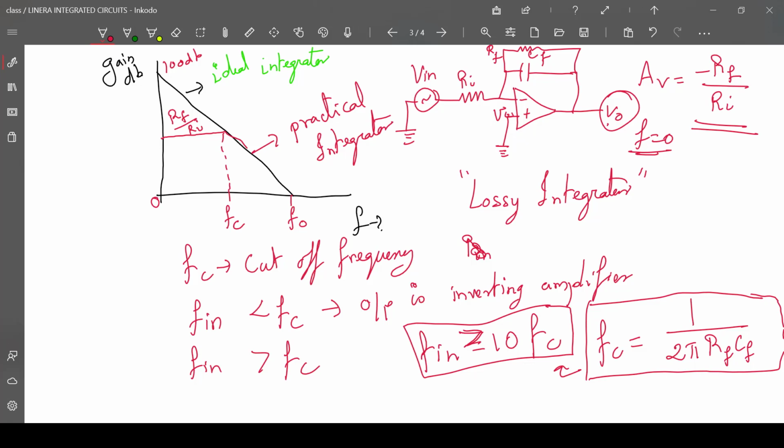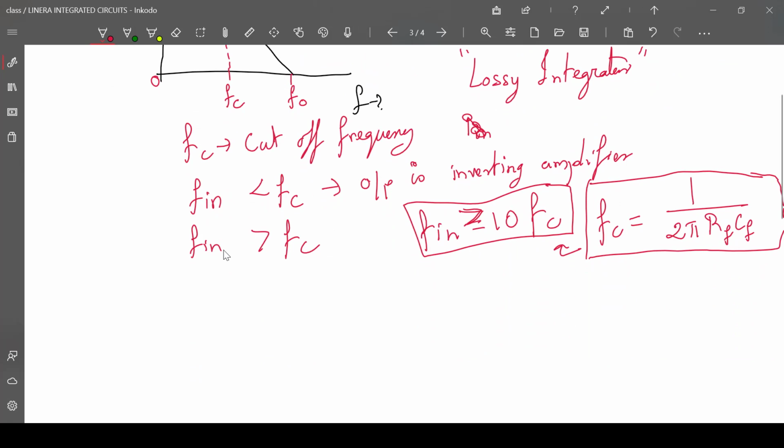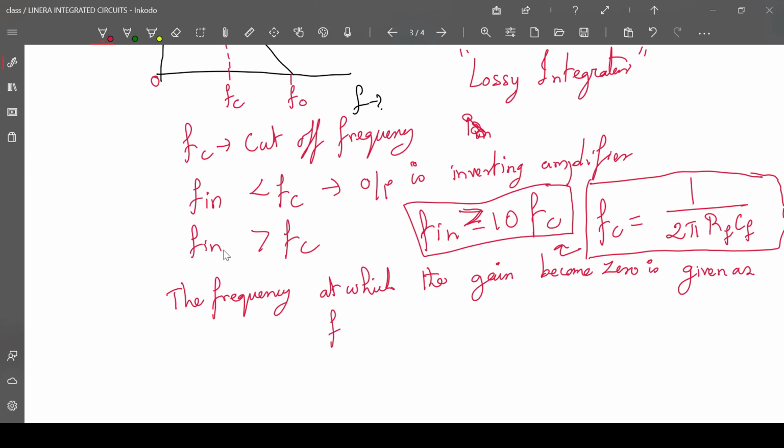The frequency at which the gain becomes 0 is given as f naught is equal to 1 by 2 pi Ri Cf. So by using the input resistance and the feedback capacitance, the frequency level at which the gain will become 0 will be identified.